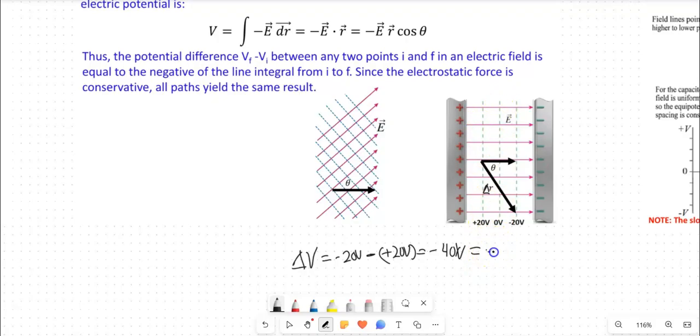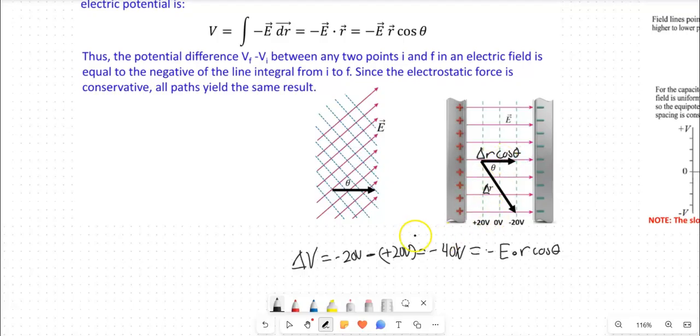In order to calculate this, we actually have to take, in this case, R cosine theta. This is the hypotenuse, this is theta, and this is the adjacent side. This direction is going to be our cosine theta.